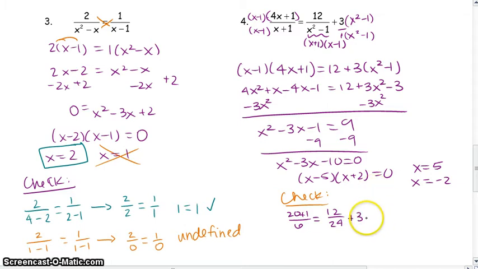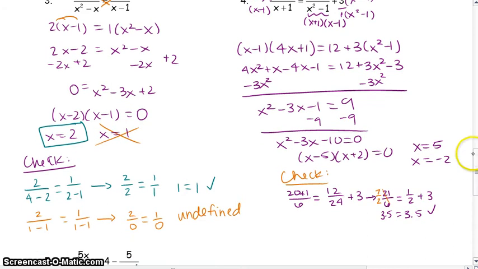When we simplify that, it comes to 21 divided by 6 equals 12 over 24 is 1/2 plus 3. And this 21 over 6 actually simplifies to 7 over 2. So 7/2, well, that's 3.5. So if you look, 3.5 equals 3.5. So we're good. Our answer of 5 works.